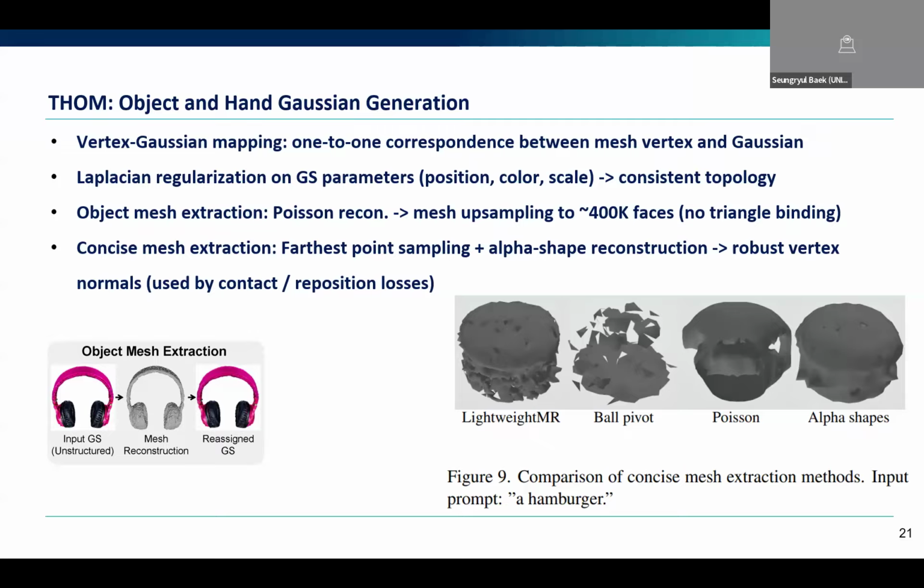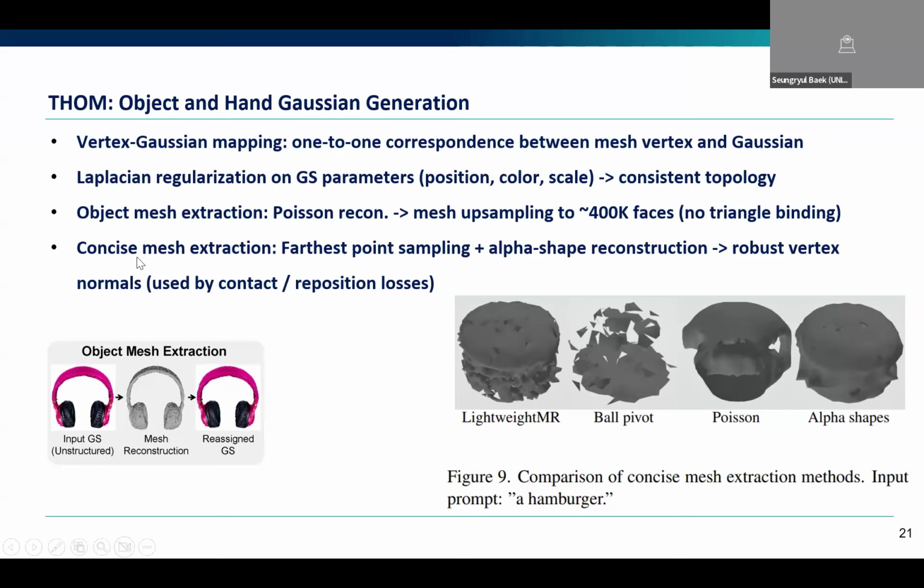Previous works on Gaussian splatting usually bind the Gaussians on the extracted triangles, which actually turns out to be very bumpy and noisy. So we remove these triangle-binding files. And we additionally extract concise meshes.